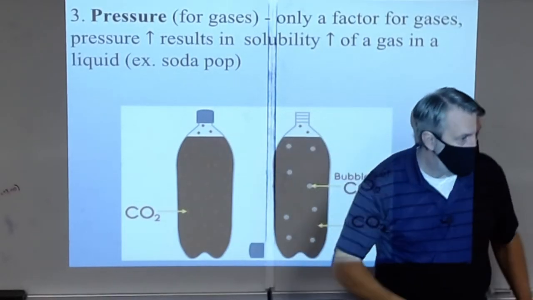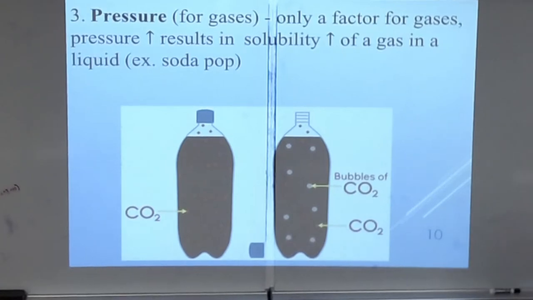This is why when I open a soda bottle and bring it out to the atmosphere, what's the partial pressure of CO2 in the air? We learned it last time and I'm forgetting it off the top of my head. Say it's 0.1.